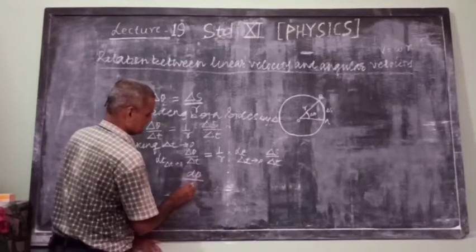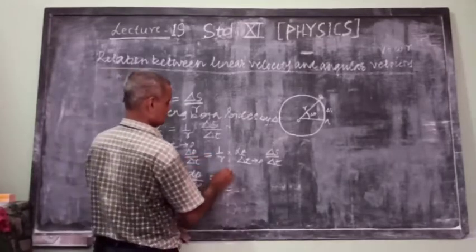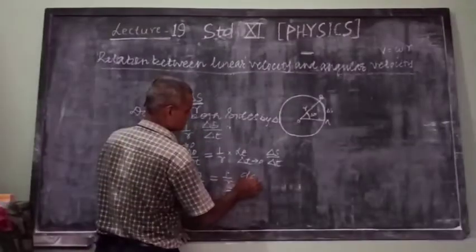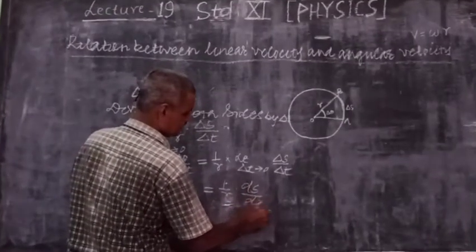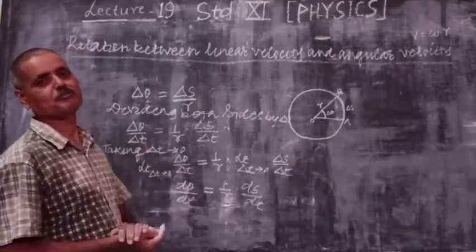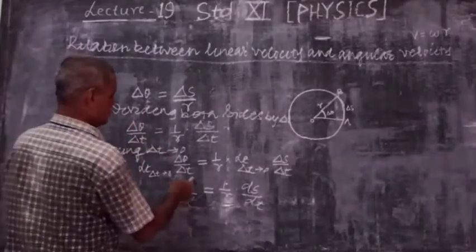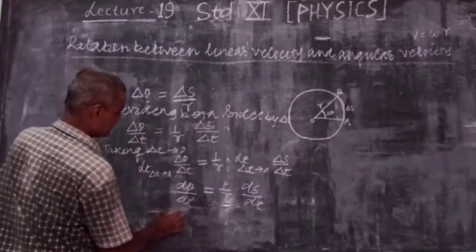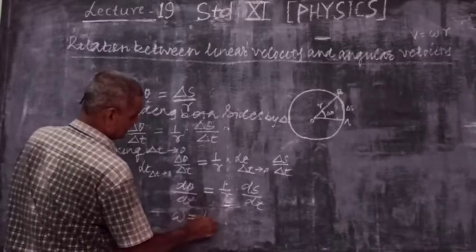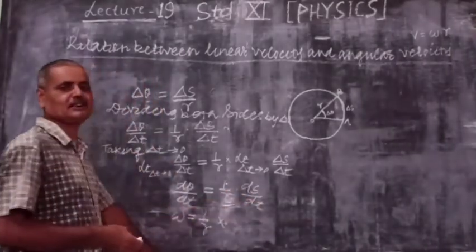D theta by dt, and this is 1 by r, which can be written as ds by dt. We have studied angular velocity, so d theta by dt can be written as omega. Omega is equal to 1 by r into ds by dt.